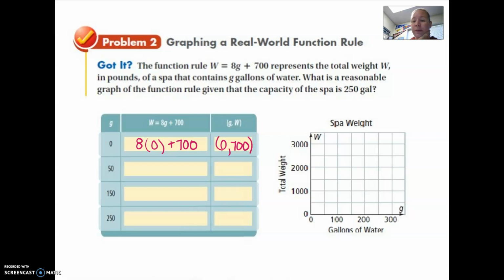So there's our ordered pair, and we could go ahead and graph that if we wanted to, kind of just estimate about where 700 would be on our graph. Then we would plug in 50, so 8 times 50 plus the 700, and then we would continue that. So go ahead and add those to your notes.